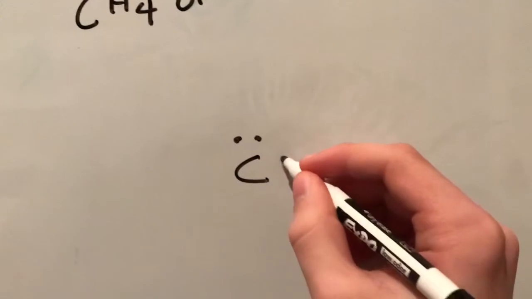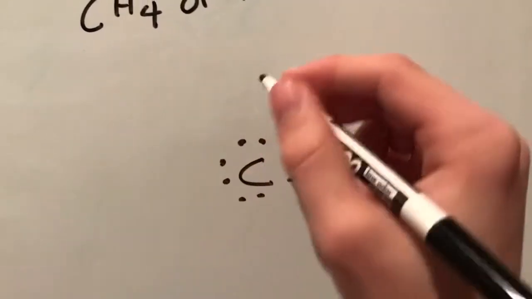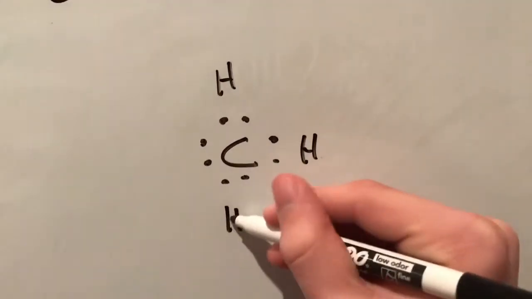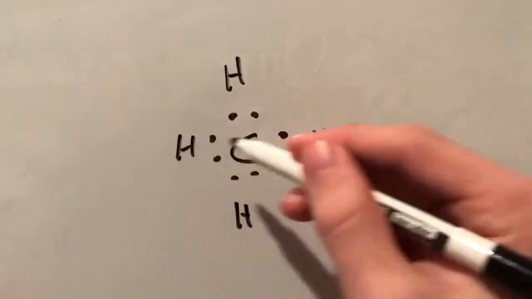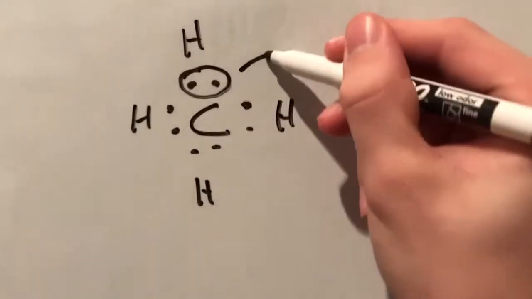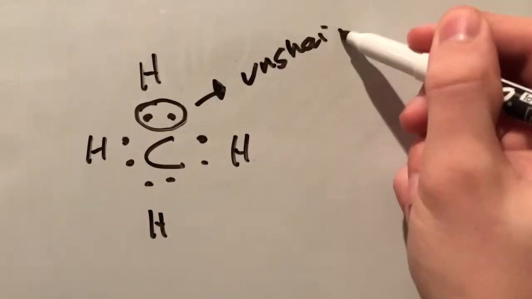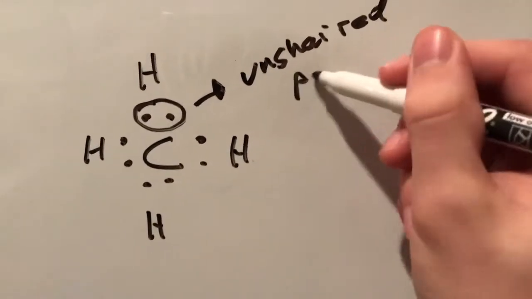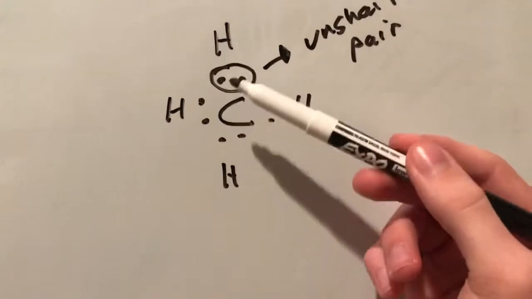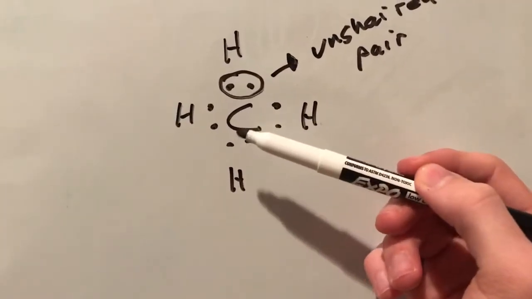I'll do the Lewis dot. And the hydrogen and carbon are connected by these right here, these electrons, which are called shared pairs, which basically just means that they're shared by both, because hydrogen and carbon are using them.